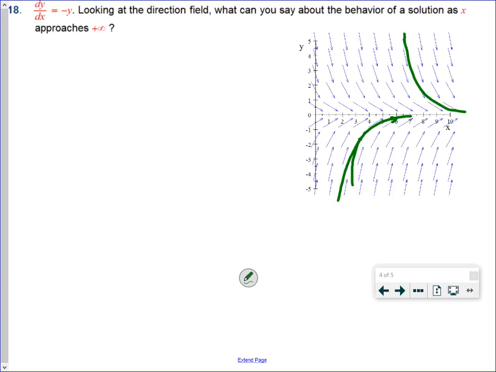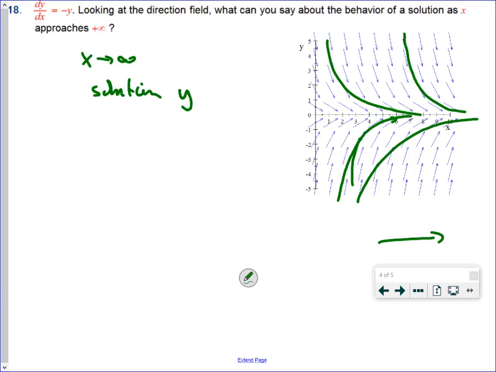To see what you think it looks like. All right, now, as x approaches infinity, what would you say a solution looks like? Yeah, the solution is y. So no matter where you start, as x approaches infinity, no matter which one of these solutions are, the y's are going to approach 0.